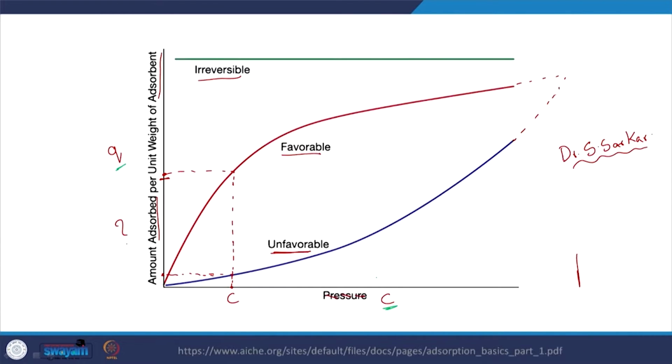For the favorable isotherm, let us look at two cases. One case is when the system is in equilibrium with higher concentration, and another case is when it is in equilibrium with lower concentration. As you can see, the slope is relatively flatter in one and relatively steep in the other.